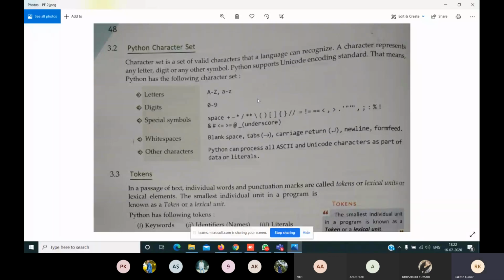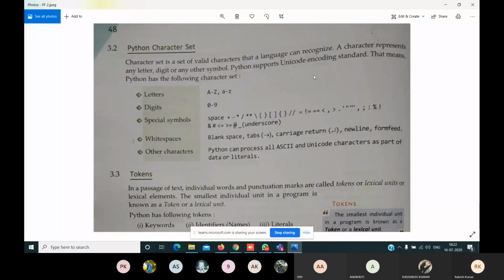Yes or no? You must reply. Unicode encoding standards: in the earlier days when computers were developed, there were ASCII codes.